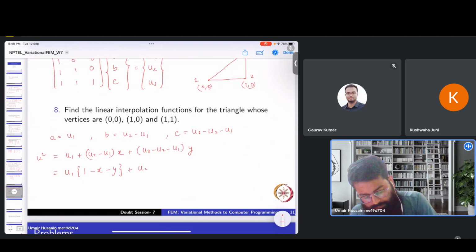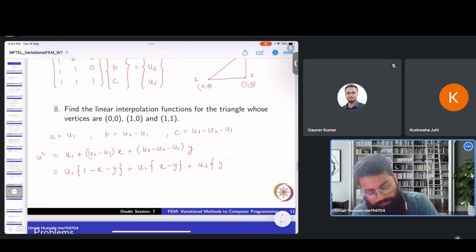Then for U2 we have x minus y, and for U3 we have y, I hope.